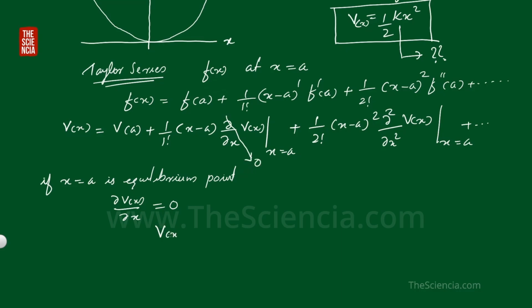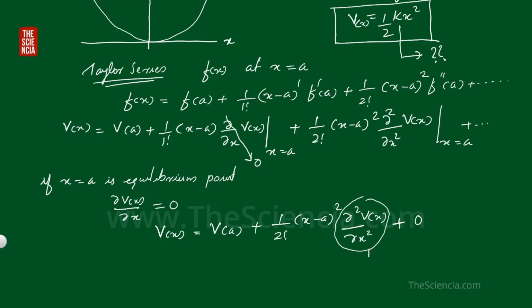Therefore, the expression for V of x reduces to V of a plus 1 by 2 factorial x minus a whole square dou square V of x by dou x square, plus all other terms will be equal to 0. And here you can see, when you take dou square V by dou x square, you will get a value, that is k. That is, V of x minus V of a is equal to 1 by 2 x minus a all square into k, that is k into x minus a all square.